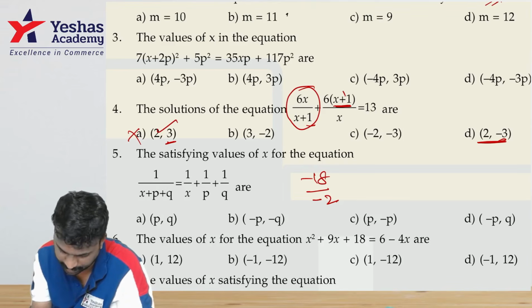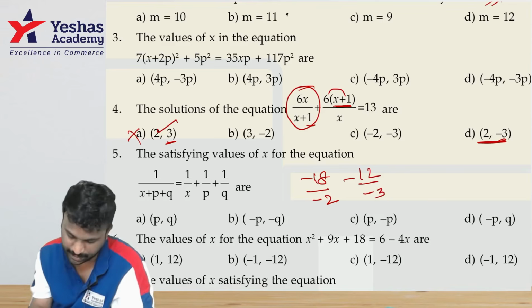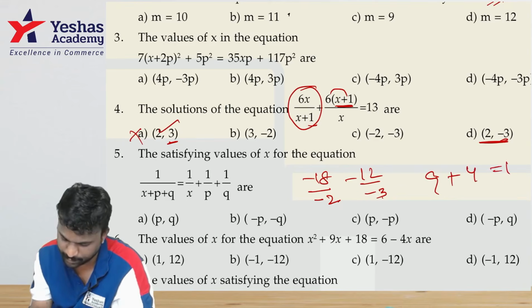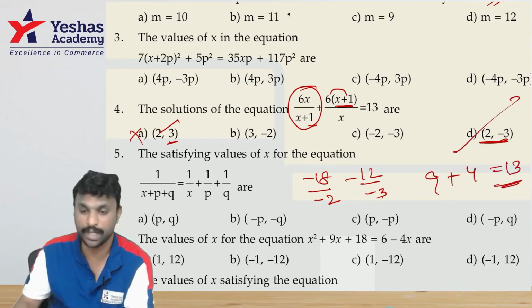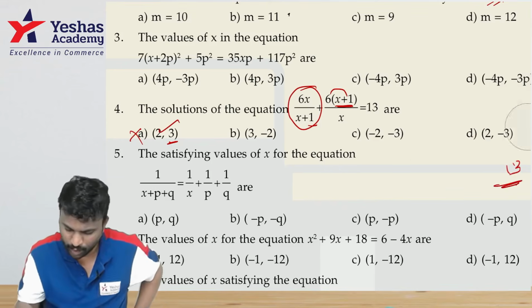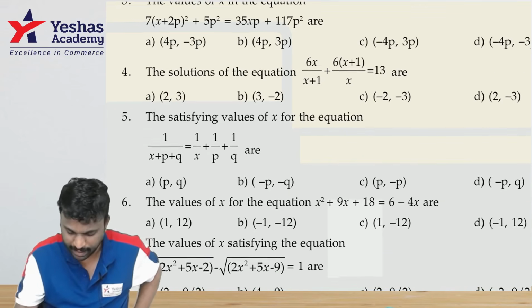Minus 2 into 6 is minus 12 divided by minus 3, 12 by 3 is 4. 9 plus 4 is 13. So option D is the right answer. Clear? Guys, moving on to the next question, question number 5.